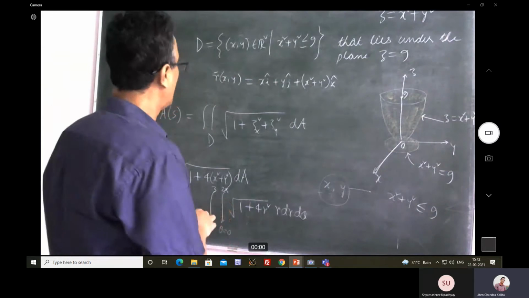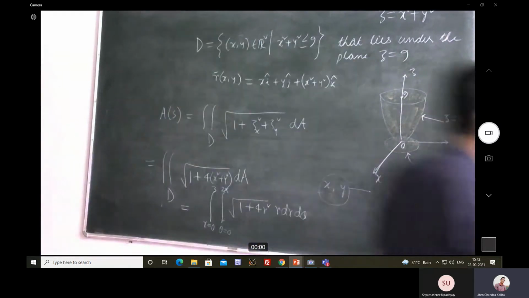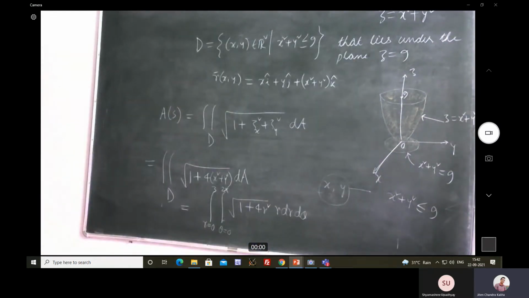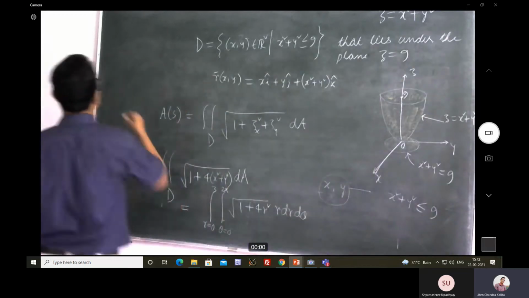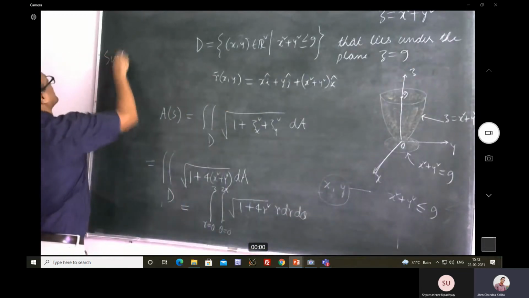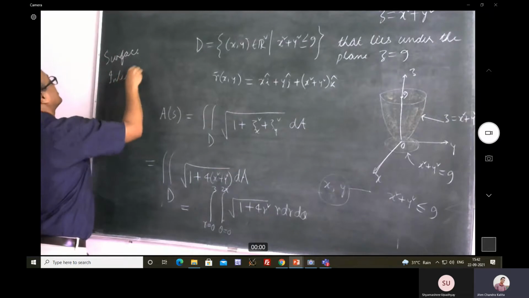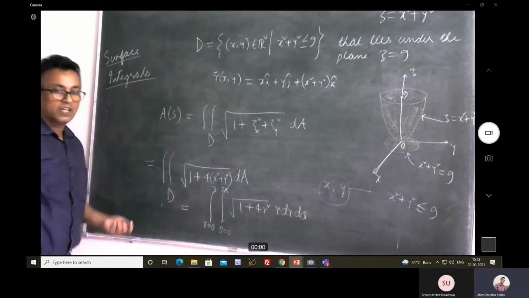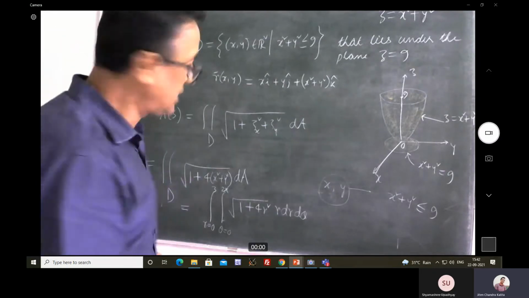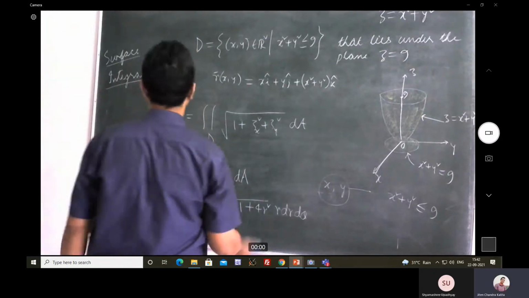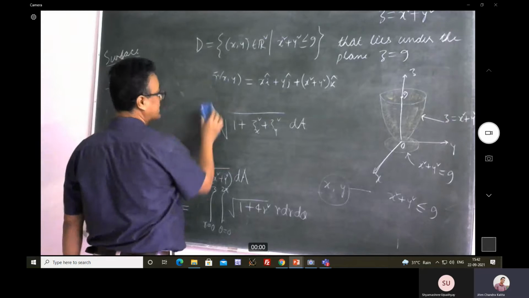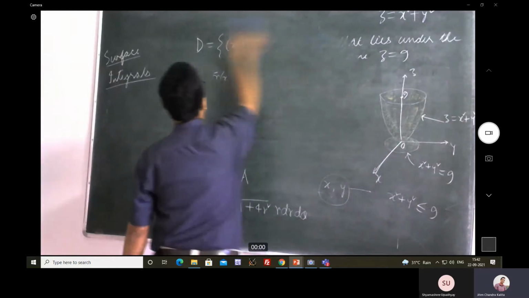Now what I am going to do next is start surface integrals. See, basically, the surface integral, you have already done multiple integrals.